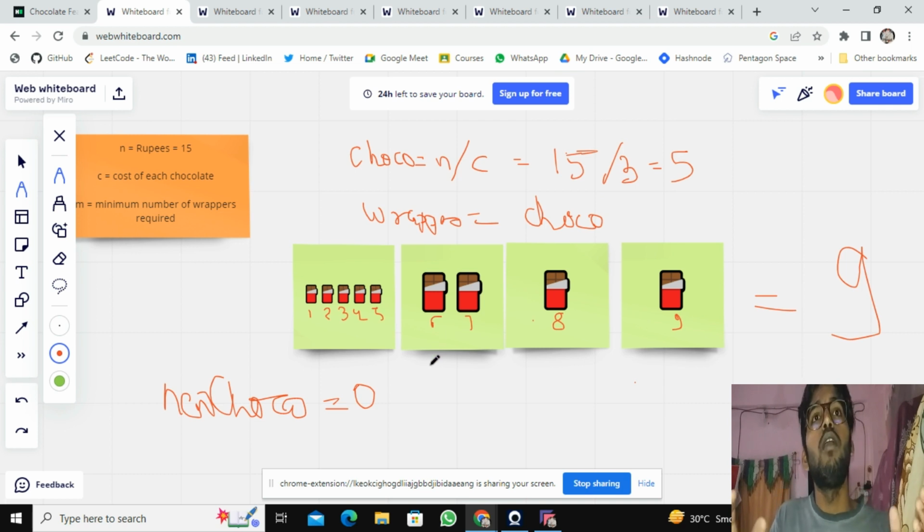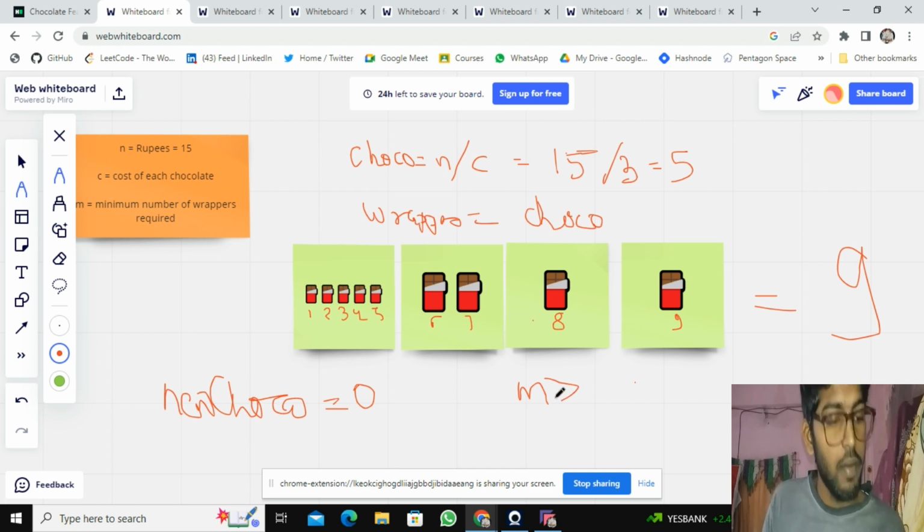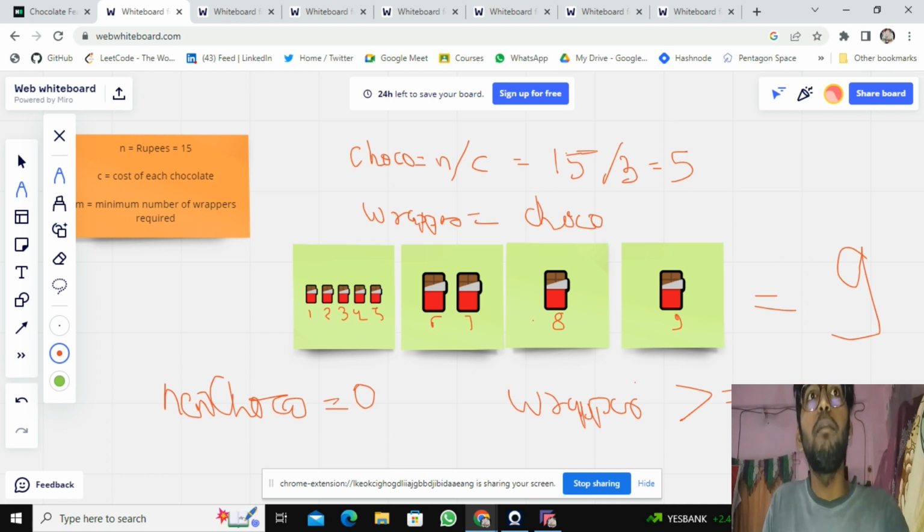For this I have to check whether the number of wrappers is greater than or equal to M. M is the minimum number of wrappers required to get one chocolate back from the penny aunties. Until then, the condition will run.